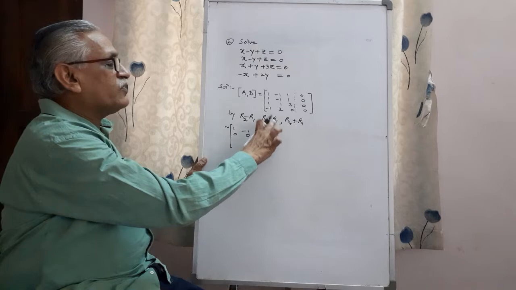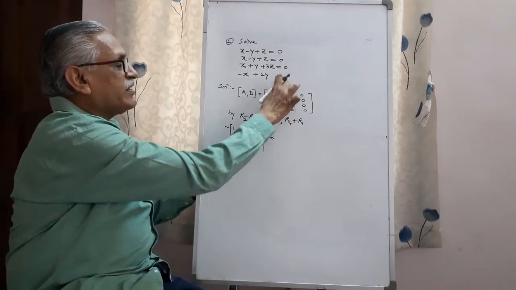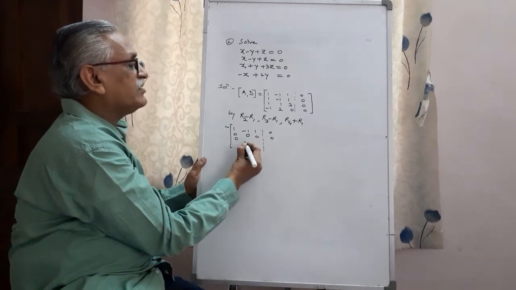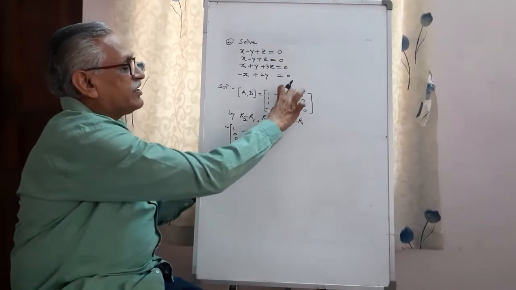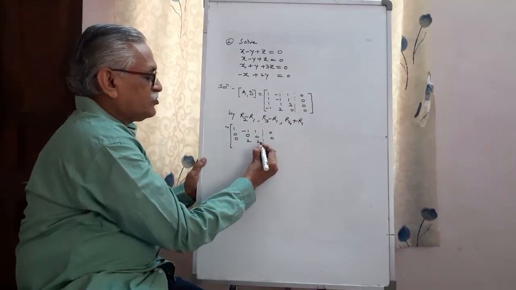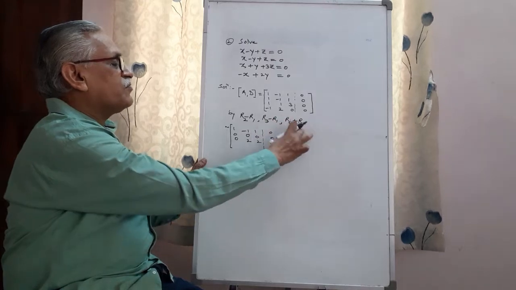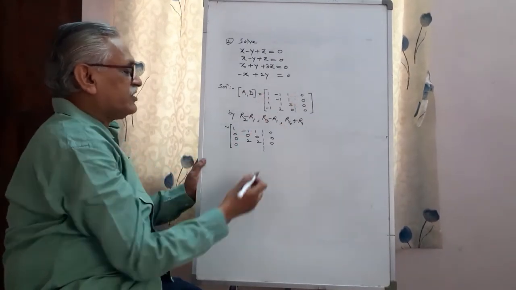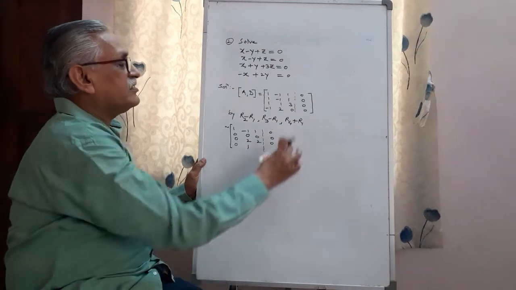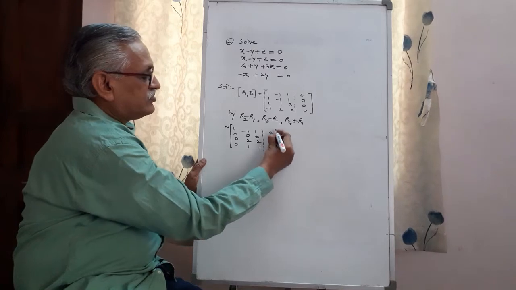Then R3 minus R1: 1 minus 1, 0, 1 minus minus 1, 1 plus 1, we get 2 here, 3 minus 1, 2, and 0 minus 0. Addition R4 plus R1: minus 1 plus 1, 0, 2 minus 1, 1, and 0 plus 1, 1, and here 0.